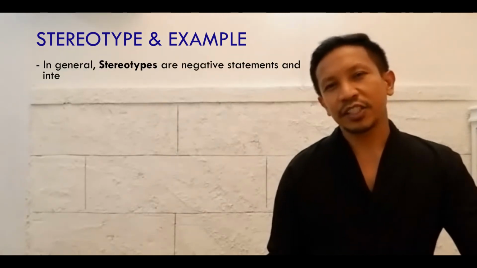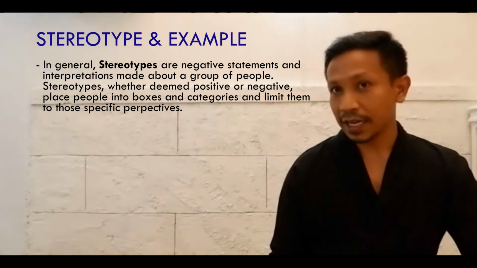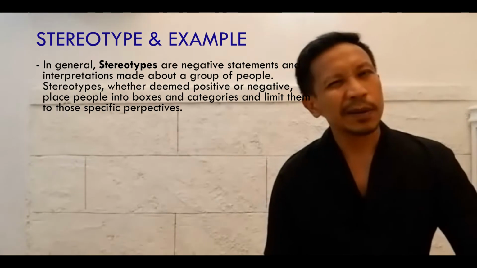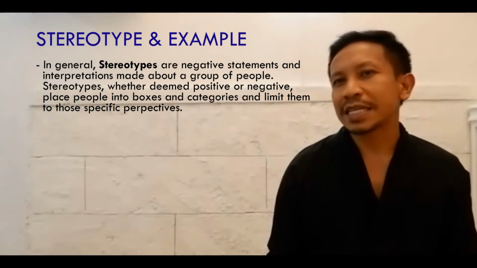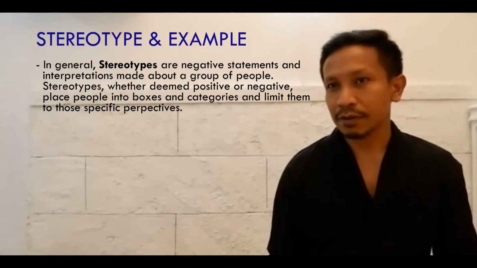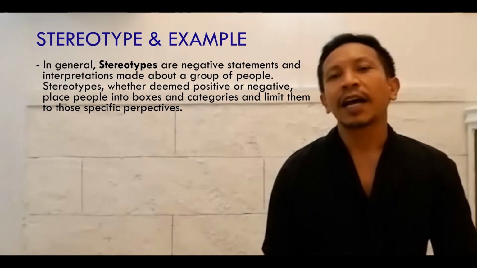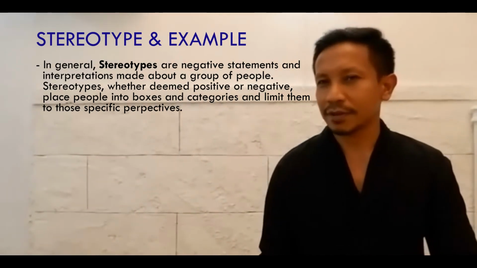let's talk about stereotype, and I'll present you an example. In general, stereotypes are negative statements and interpretations made about a group of people. Stereotypes, whether deemed positive or negative, place people into boxes and categories and limit them to those specific perspectives.